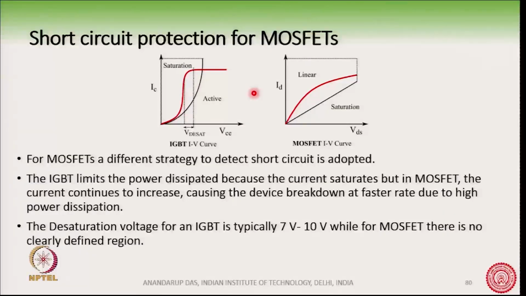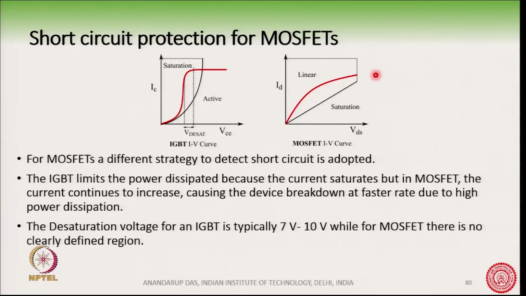In case of an IGBT, during short circuit you can see the characteristics look like this, but in case of a MOSFET the ID versus VDS characteristic is like this, and this means that when a short circuit happens, the current continues to increase in the MOSFET, causing this device to break down at a faster rate.